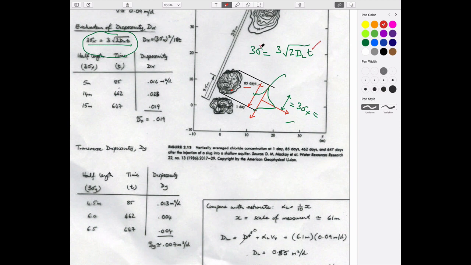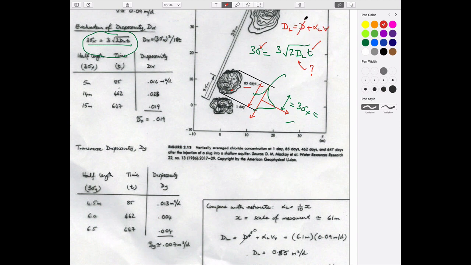We can measure this length here because it's a physical length, which is whatever it is. You could just scale it off here. And as a result, we can get this value, so we can solve for this dispersion coefficient. If we know what D_L is, we also know that this is equal to diffusion plus this longitudinal dispersion coefficient times the velocity.